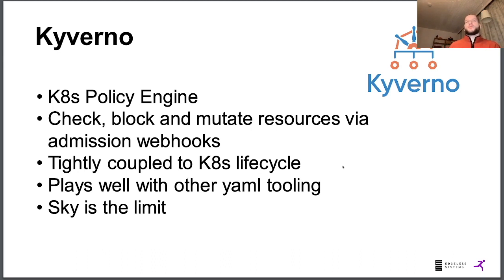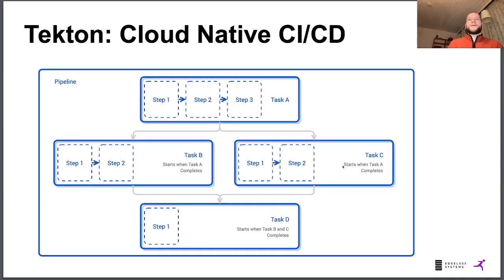It's really tightly coupled to Kubernetes as a whole, which makes it great because it can manipulate all kinds of resources, not just primitives, but also, in this case, Tekton resources, and whatever else you might use. And it plays well with other YAML tooling like Helm or Argo CD, so it fits in really well. The sky's the limit. It's a really great tool. I highly recommend you check out that talk and also just look at the docs. The docs have great examples.